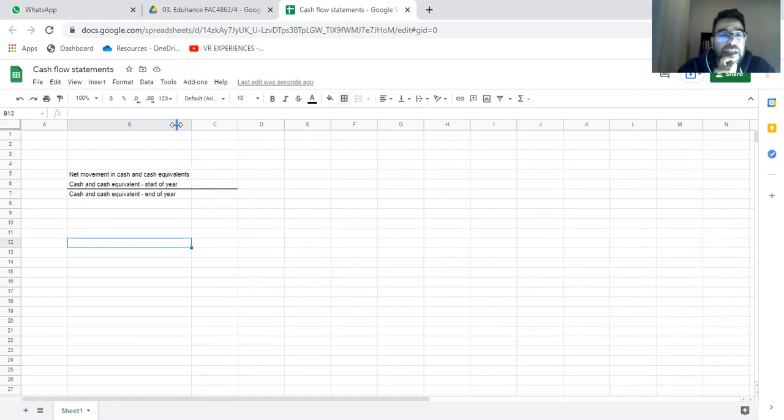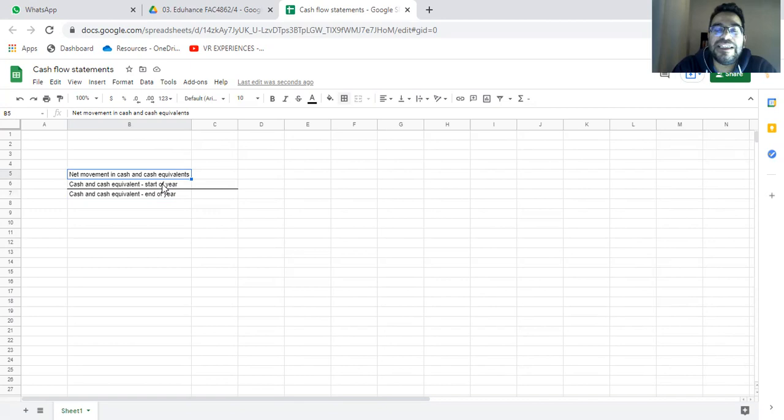So if you think about it carefully, all we are trying to reconcile, to think of it another way, is the opening balance of cash and cash equivalents at the beginning of the year with cash and cash equivalents at the end of the year. So how did cash go from the beginning to the end? And we get that by getting the net movement. Now the question is, how do we get the net movement?